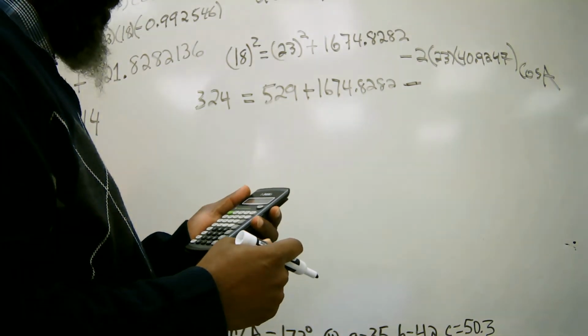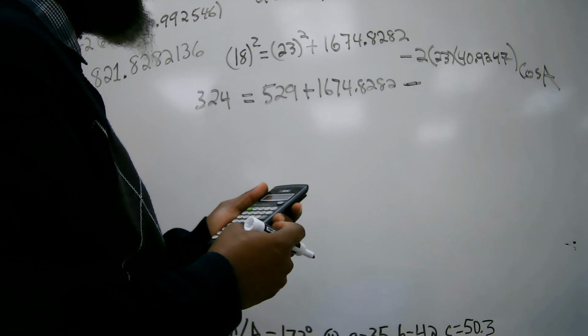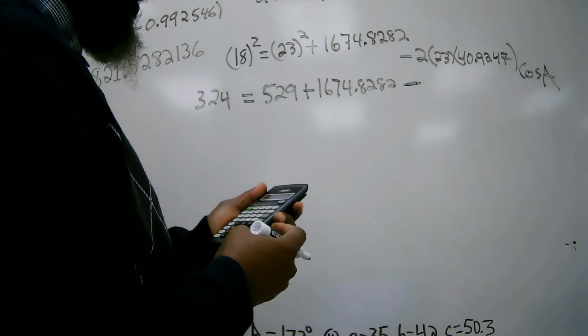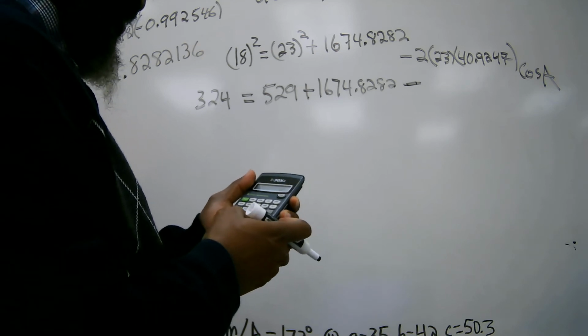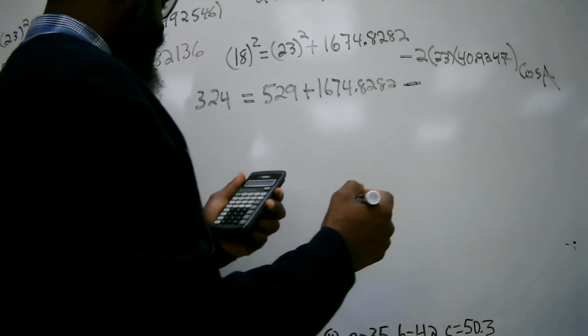That will be negative 46 times that, times 46 negative, that gives me 1882.5346 cos A.